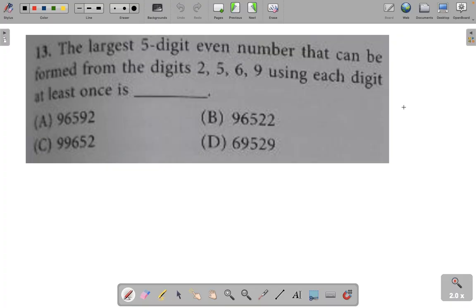Sir, odd numbers are 1, 3, 5, 7, 9 and even numbers are 2, 4, 6, 8, 0. So numbers ending with 2, 4, 6, 8, 0 are even. Numbers ending with 1, 3, 5, 7, 9 are odd. So you have to form the largest 5-digit even number that can be formed from these digits using each digit at least once.